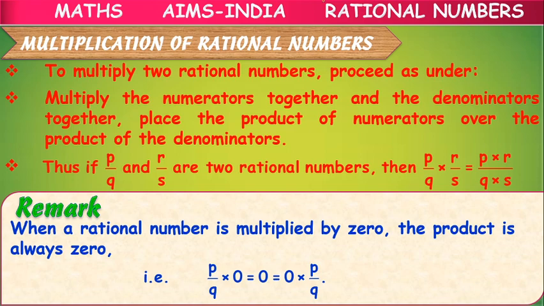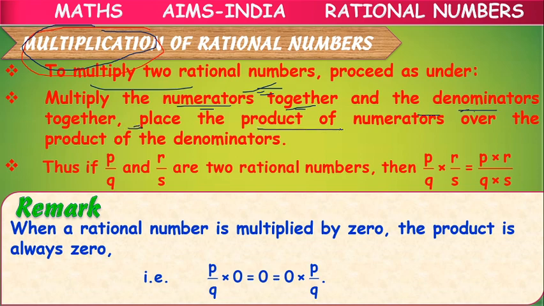Okay, children. Multiplication of rational numbers. Let's see multiplication first, then we can learn about its properties. To multiply rational numbers, we have to follow some steps. Multiply the numerators together and the denominators together. Place the product of numerators over the product of denominators.